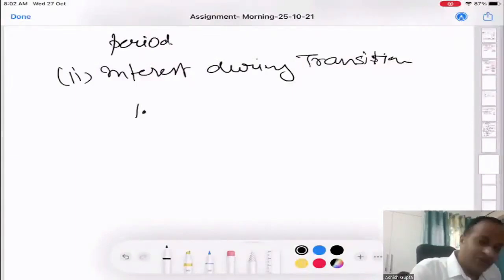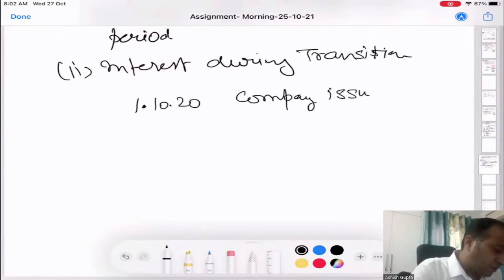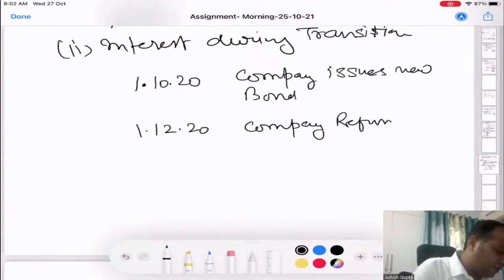Now here you see the interest during transition period. On 1/10/2020, the company issues new bonds. On 1/12/2020, the company refunds the old bonds.